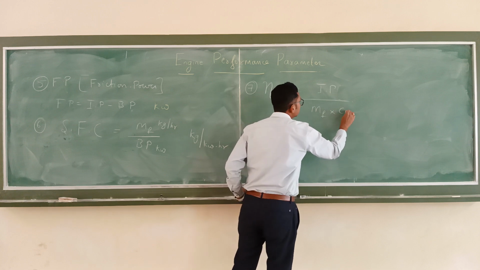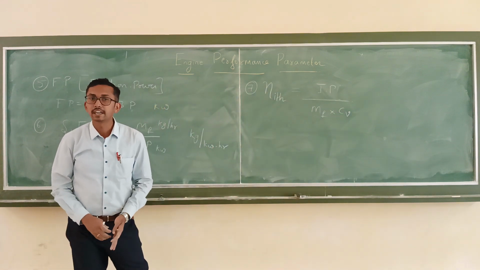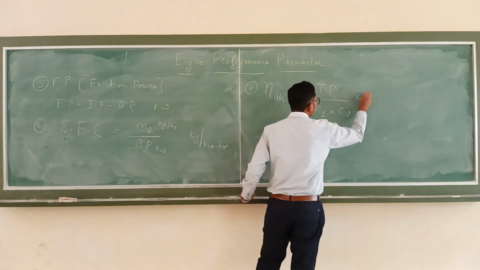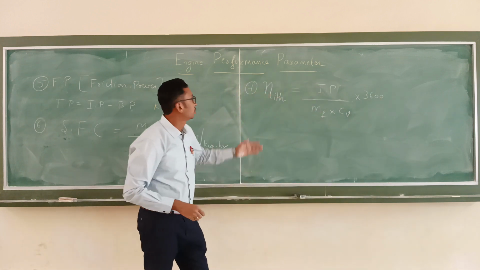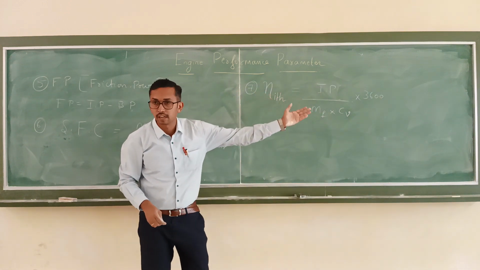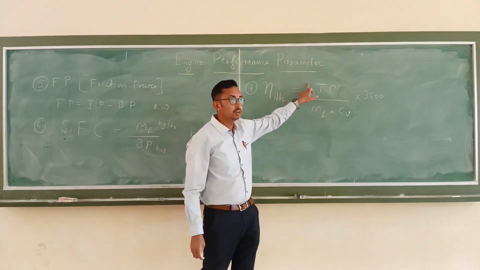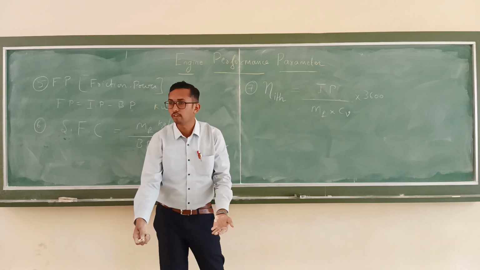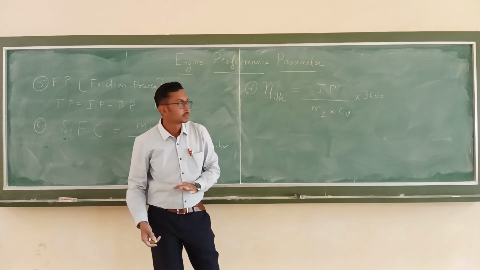MF into CV. Indicated thermal efficiency is IP divided by MF into CV into 3600. So this is the formula to find out the indicated thermal efficiency: indicated power divided by power produced due to the combustion of fuel. That is called indicated thermal efficiency.